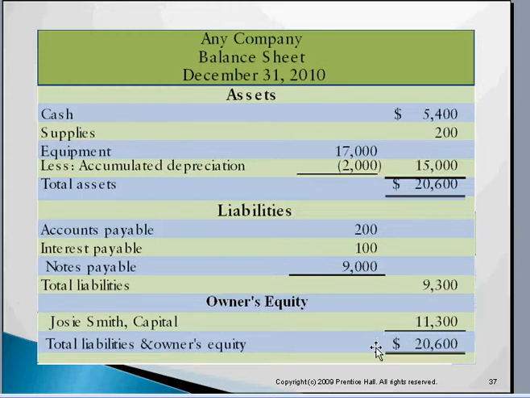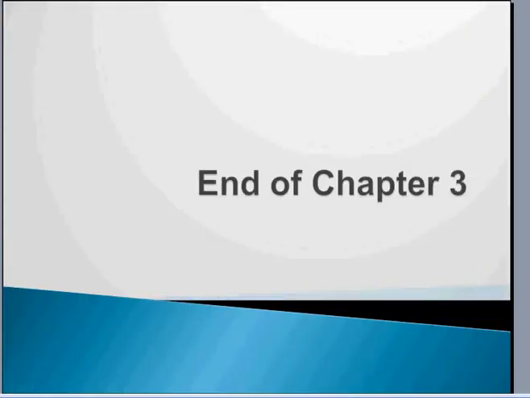So the total assets of $20,600 are equal to the total liabilities and owner's equity of $20,600. So there's a presentation of our three basic financial statements taken from the adjusted trial balance on a worksheet.